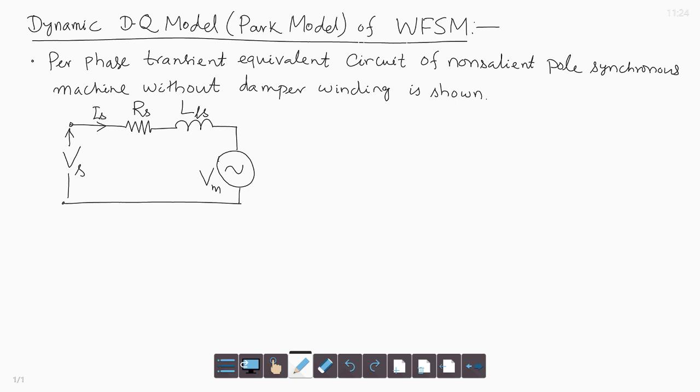So, this is for a non-salient pole machine. Here Vm is the voltage behind, that is the air gap voltage, or you can say the voltage behind subtransient impedance.